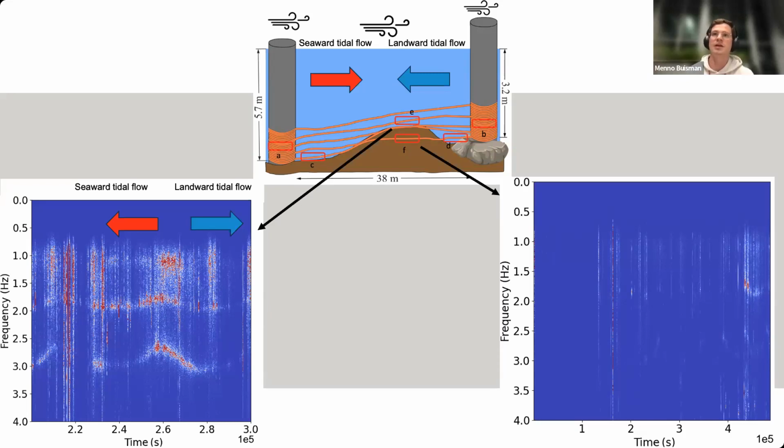That is because our seaward tidal flow moves this way, as indicated by the red arrow, and our landward tidal flow moves this way, as indicated with the blue arrow. And you can imagine, once one of these poles starts to resonate and the vortices move this way, then we mainly capture, of course, this one. Whereas if this one moves that way, we won't really measure it.